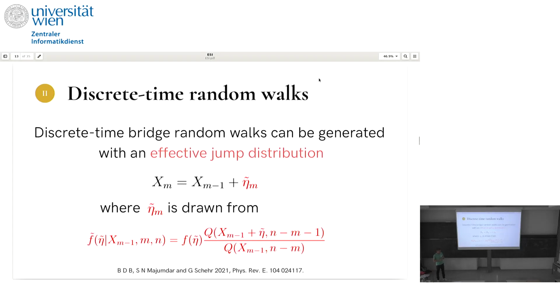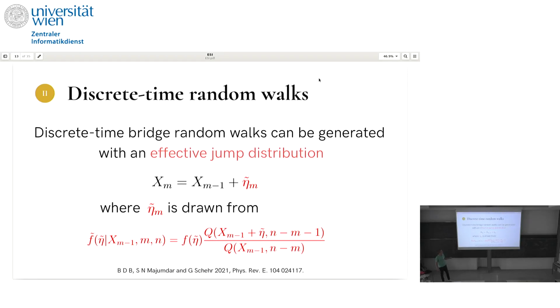And so let me give you our results. The result is yes. And what you need to do is replace the jump distribution by an effective jump distribution, which will encode the bridge constraint. So this effective jump distribution depends on the previous position, x_{m-1}, the current time, and the full time horizon of the bridge process.